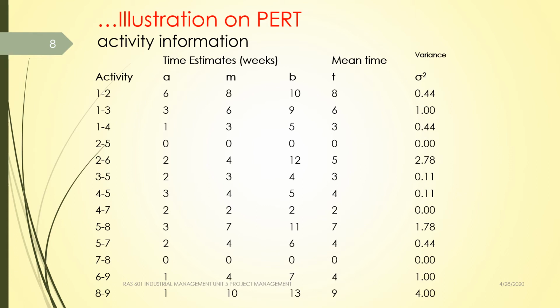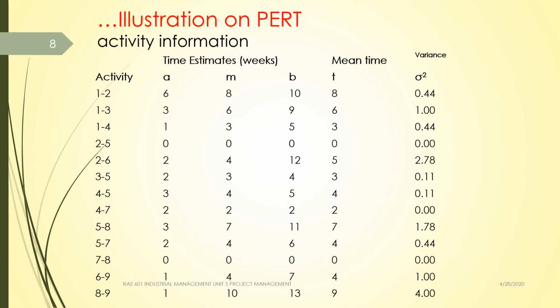Here we can calculate the mean time for each and every activity by taking the formula into consideration, and we can also find out the variance. Please note it down: mean time is t. Here by mistake it is shifted and shown above the pessimistic time b, but mean time is equal to t, whereas variance is sigma square.